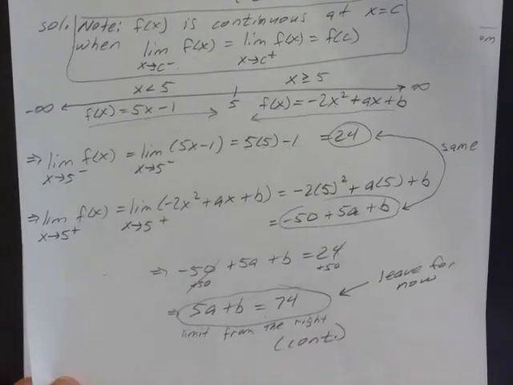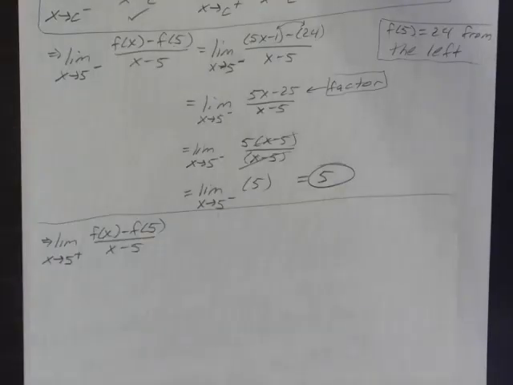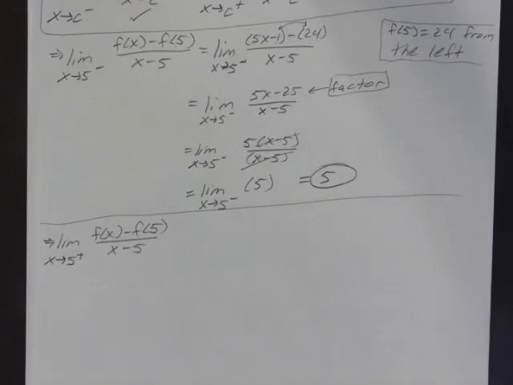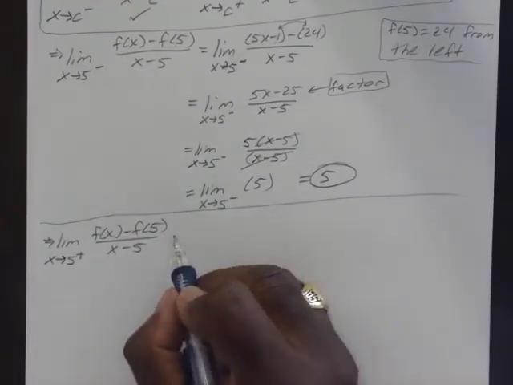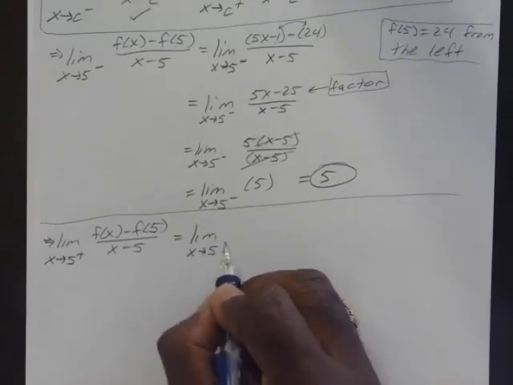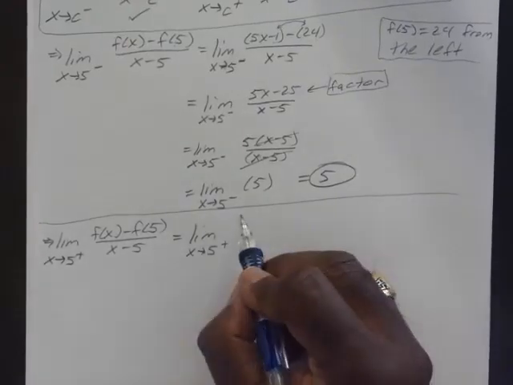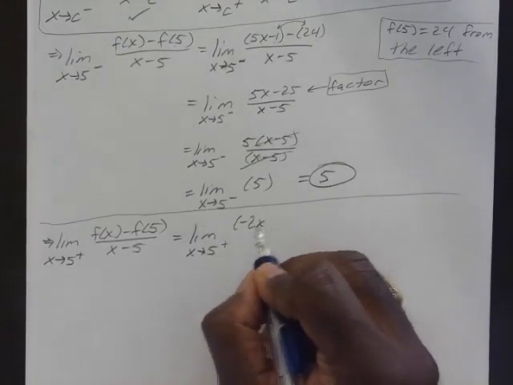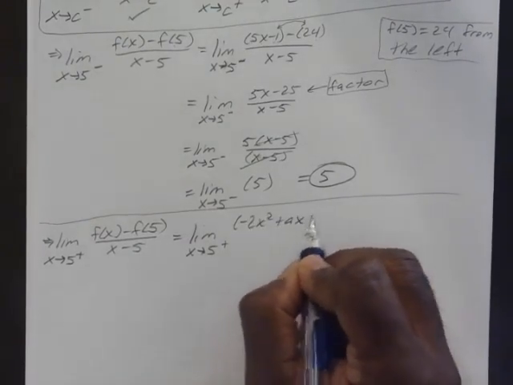There we go. That gives us the limit as x approaches 5 from the right of negative 2x squared plus ax plus b.